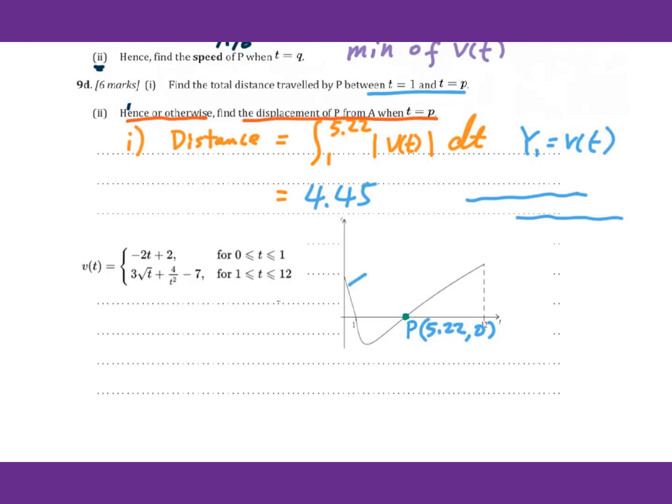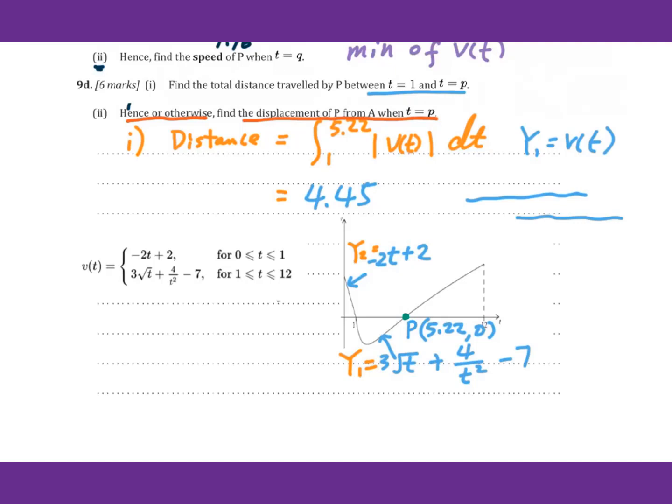So from 0 to 1, this is negative 2t plus 2. For 1 to this p, that is 3 square root of t plus 4t squared minus 7. So we will put, this is y1, we already put in, here's y2.